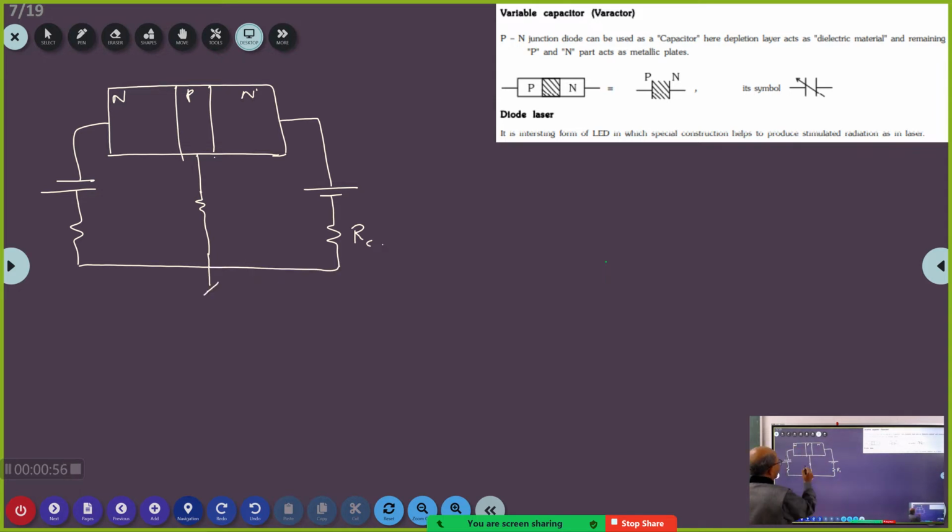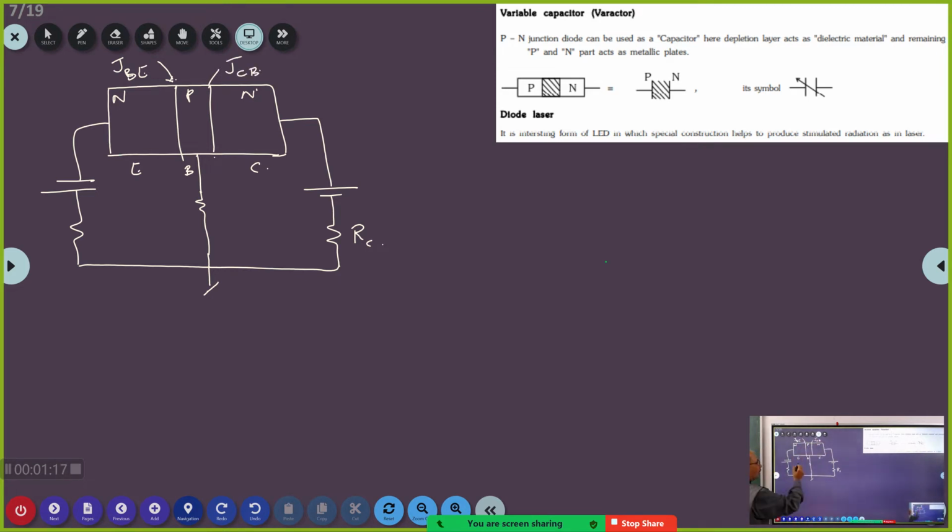We have taken this as the common point. So this junction is called base emitter region. I suppose all of you know emitter, base, collector. So this junction is called base emitter region. This junction is called collector base junction.